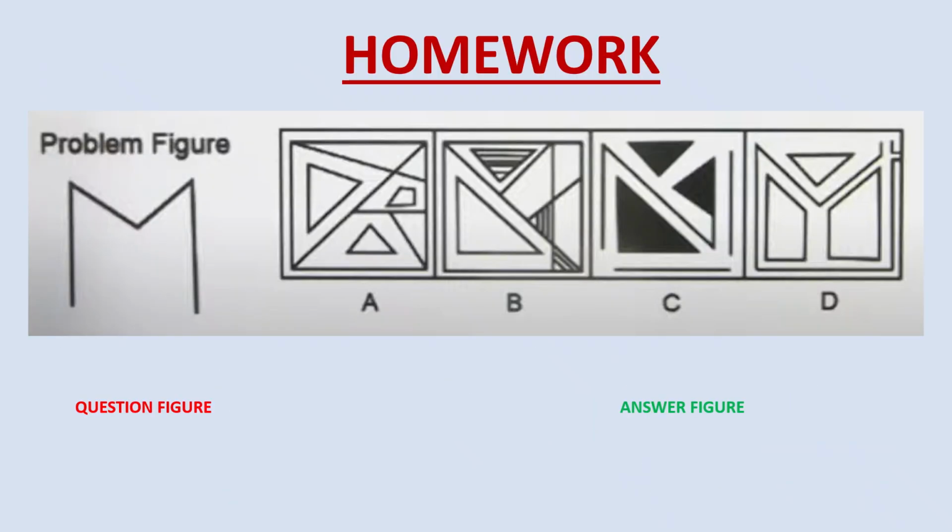So you can see a question on your screen, that is your homework question. The problem figure and the answer figure are given to you. If you want, you can take a screenshot of it, or whenever you solve the homework question, note it down.